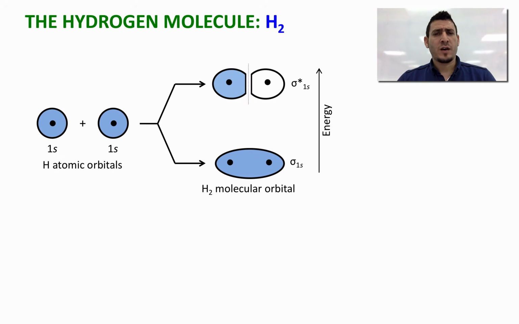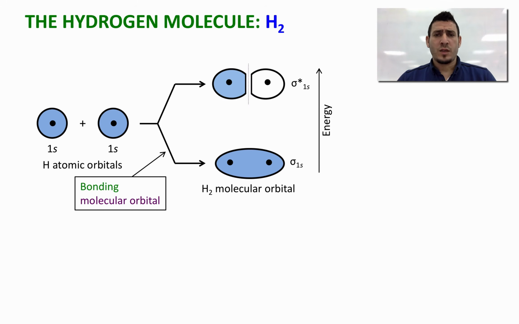If we take a look at the hydrogen molecule, where it has one s orbital per atom, one s orbital will combine or overlap with another 1s orbital. They might overlap in phase or out of phase. If they overlap in phase, it's going to form the H2 molecular orbital that we call the bonding molecular orbital.